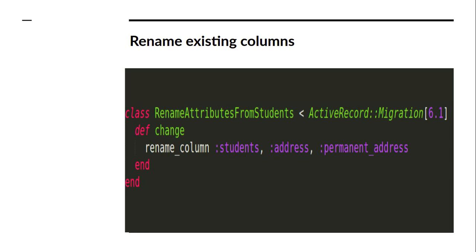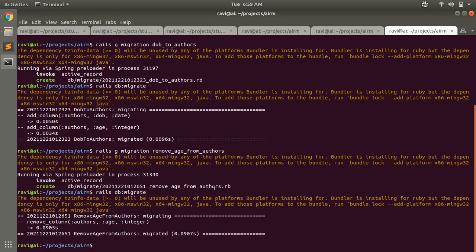First, generate a migration and then mention rename column, table name, comma, your attribute name, and the third one is not the type, but the new name for that attribute that you want to change.